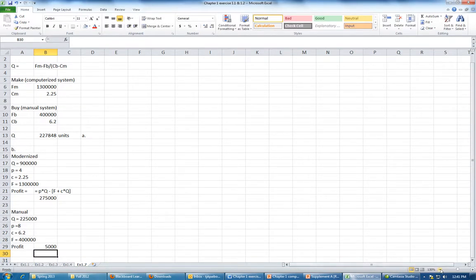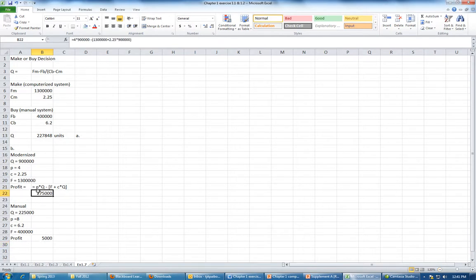As you can see, the modernized system has higher profit than the manual.